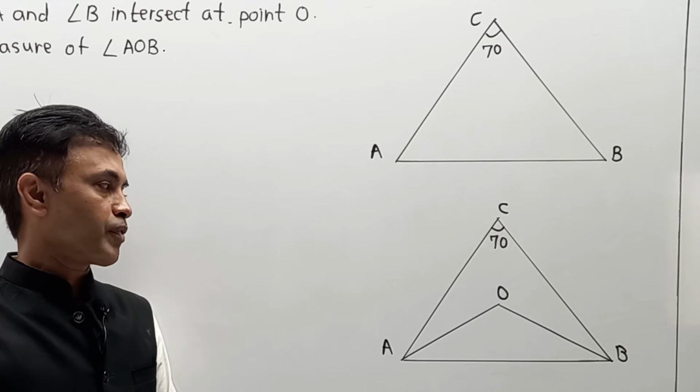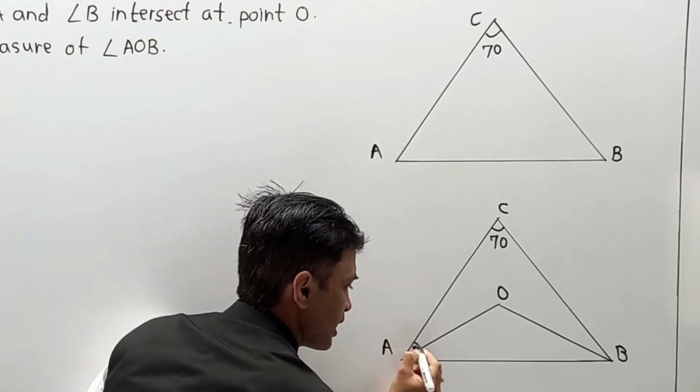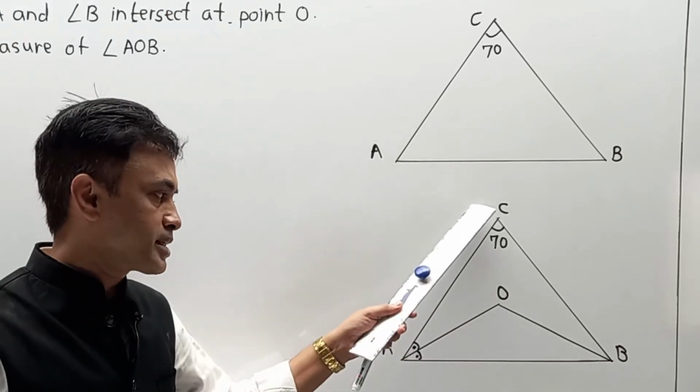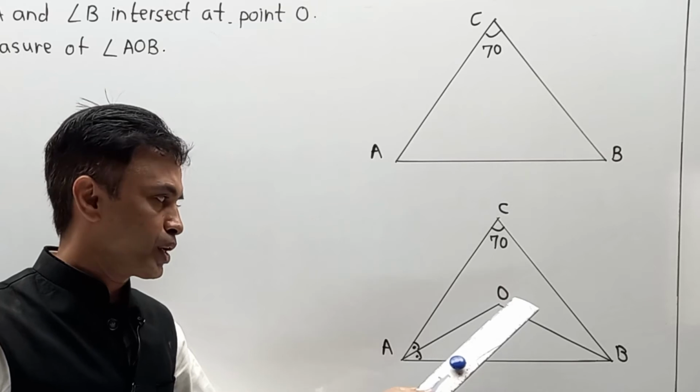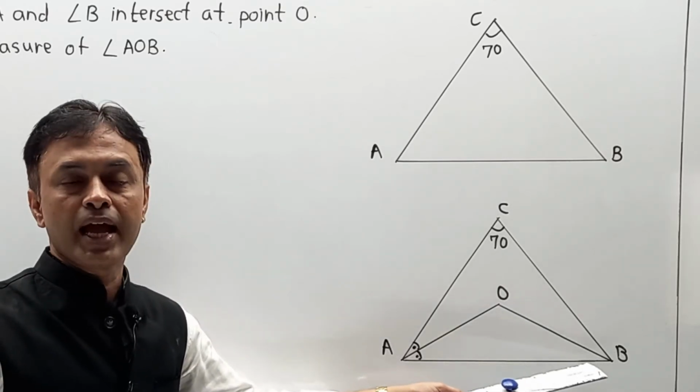Now the bisector of angle A means this angle is congruent with this angle, meaning angle CAO equal to OAB.